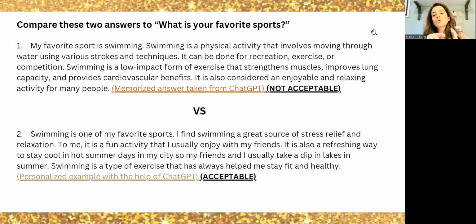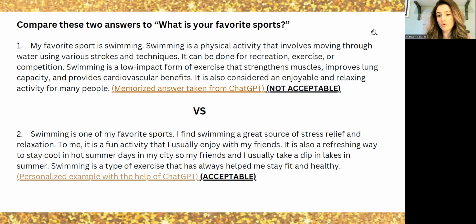This is a question which is asked in part 1. As I mentioned before, part 1 is all about you and your personal experience. However, the response here just shows some facts about swimming. Swimming is a physical activity that involves moving through water. It's not related to you.